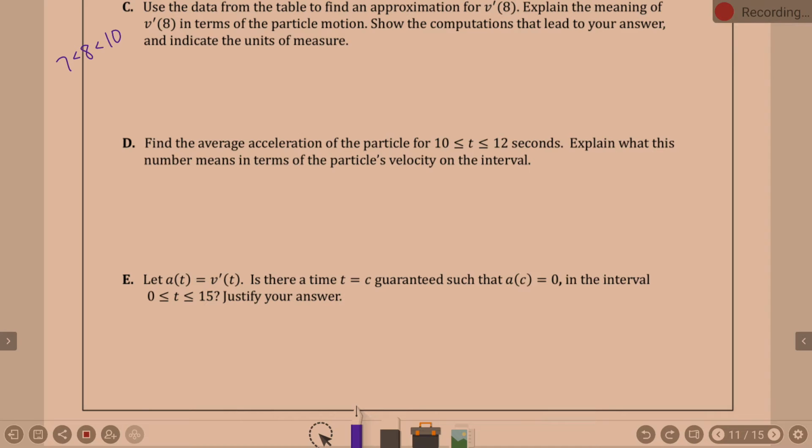So in order to do v prime of 8, I'm going to do v of 10 minus v of 7 over 10 minus 7. Or essentially slope is what your brains are thinking, right? Yeah. We are looking at slope. So fill your values in. v of 10 is 5 minus v of 7, 3 over 10 minus 7. So we have an answer of 2/3.